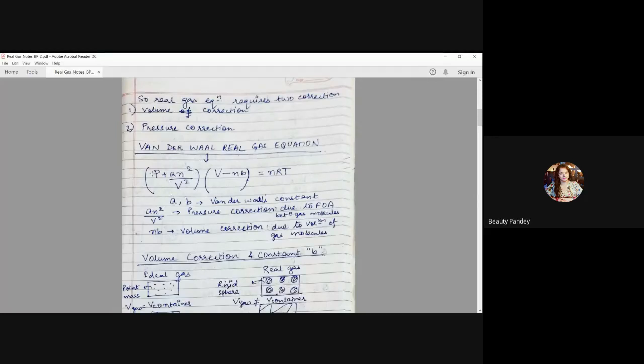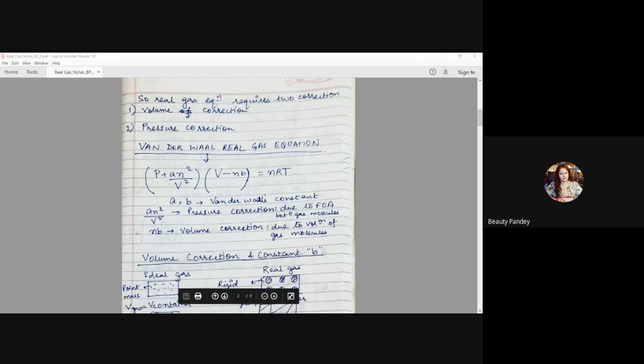Always remember that the pressure correction term a is directly proportional to the force of attraction, and the volume correction term b is directly proportional to the size of the molecule. Also, another important thing is that the pressure correction is added and the volume correction is subtracted. Okay, so this much is clear to you all, I believe.